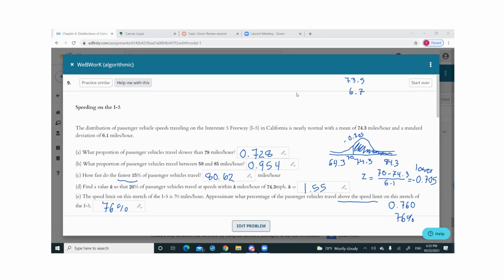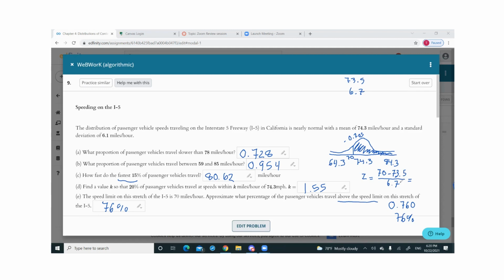Okay, so let's try to figure it out. Your speed limit is also 70, so let's just change that. So we have 73.5 and then 6.7. So when you put that into the calculator, you have 70 minus 73.5 divided by 6.7.